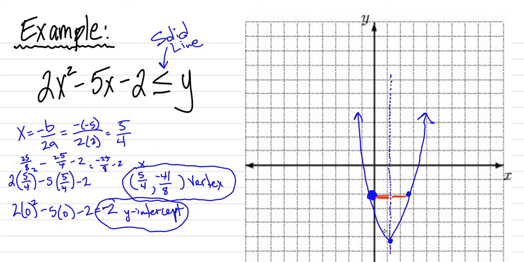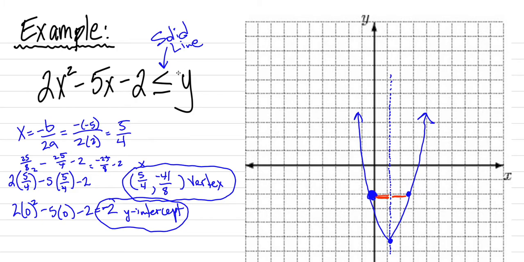Okay, now I have one thing left to do, and I have to shade my graph. Is there anybody that thinks they know how we can figure out how to shade? Bryce, thoughts? I think since it's y is greater than, then we shade everything, hold on, y is greater than, so we shade everything below it.